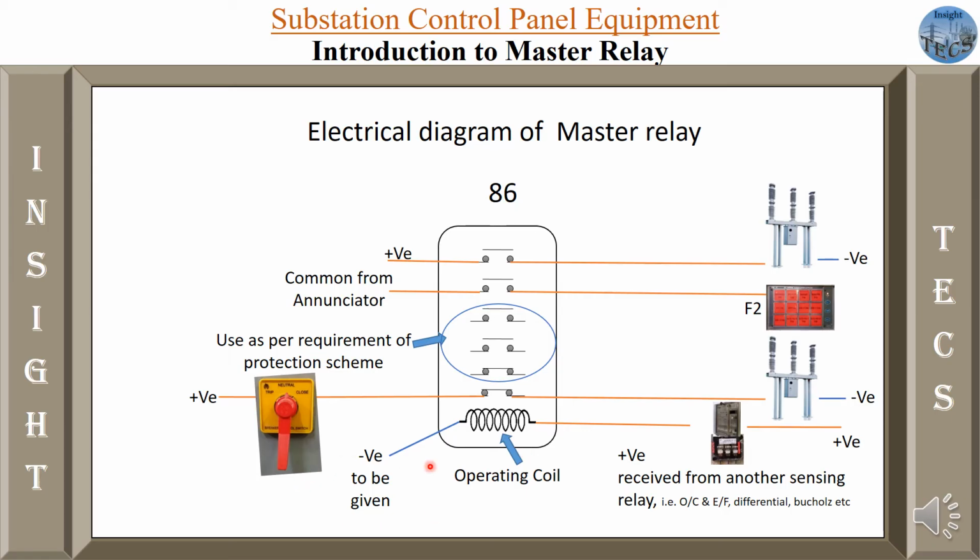Negative is already given to this coil, and once it gets the positive, it will operate all these commands. If it is to send a command to the breaker to trip, it will trip the breaker. Then on the annunciator there will be an indication that the 86 master relay has operated. Okay, so that is how the complete electrical wiring of a master relay is done.